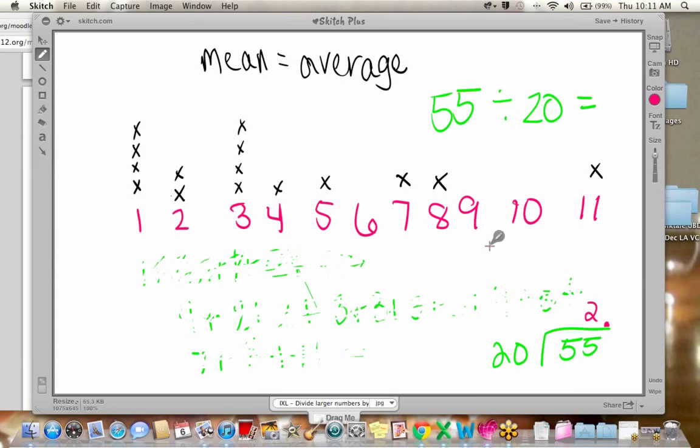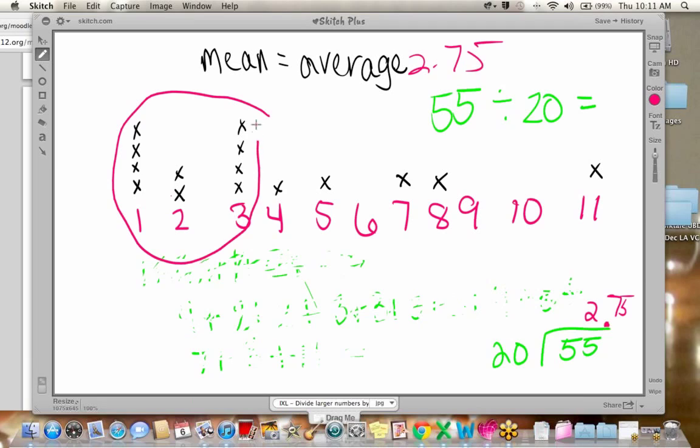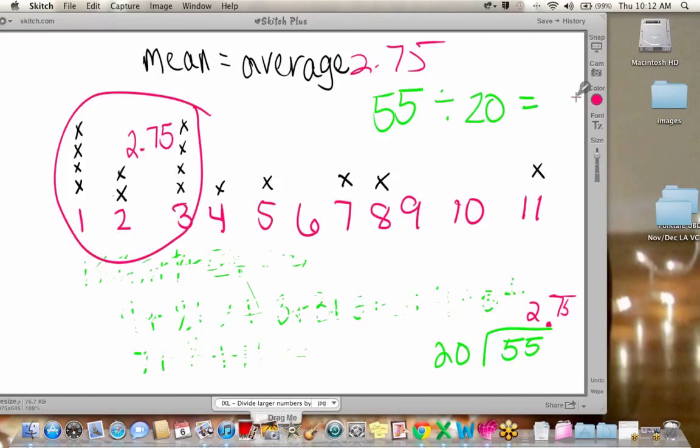Okay, so 2.75. That is our average. So on average, kids went about 2.75 times. And that should make sense because most kids went around 1 to 3 times. So 2.75 definitely makes sense. Okay, now to find the median, it's really simple with a line plot.